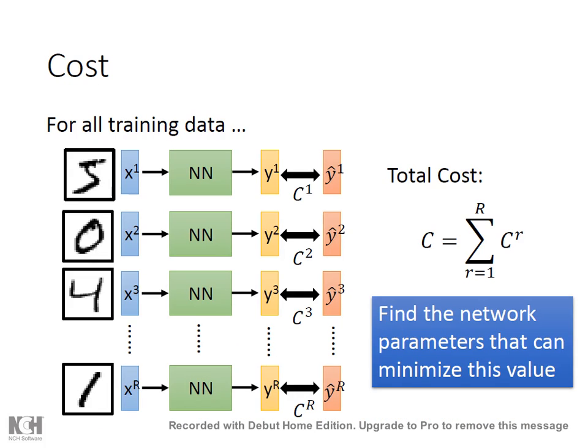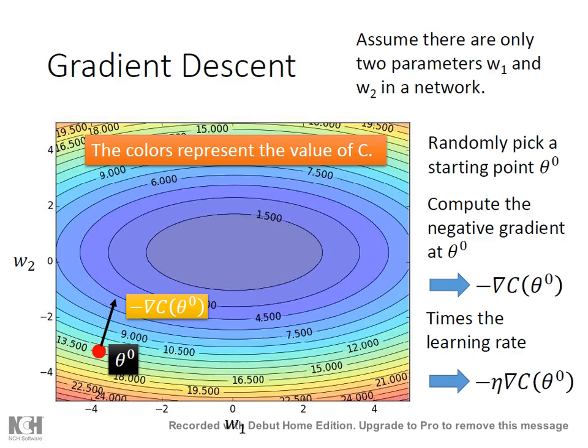Okay, so we call the process back propagation. And here, suppose in this error we have only two parameters, W1 and W2, and L. So here we can draw a heat map to just show it.